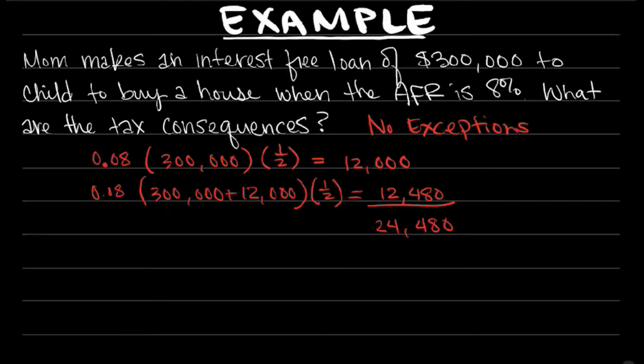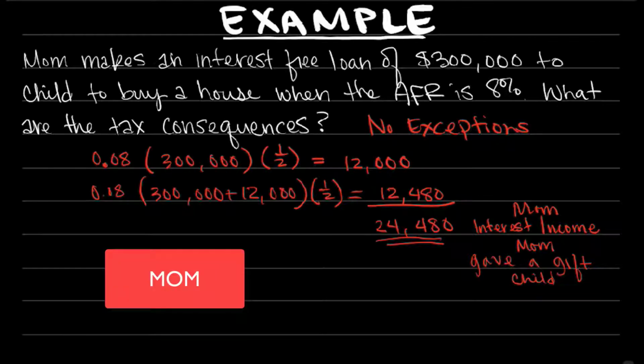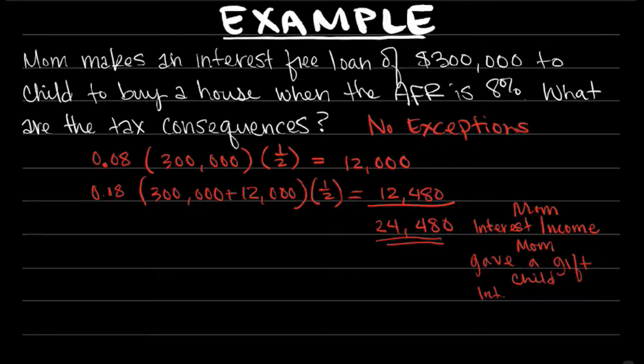So this is interest income to mom, and mom gave a gift of that $24,480 to child. And child will be deemed to have paid the interest to mom and will be allowed an interest deduction on his or her tax return if that is allowable.